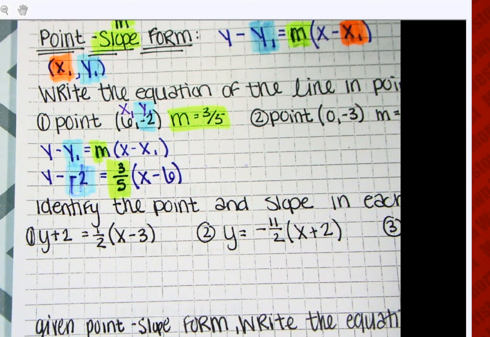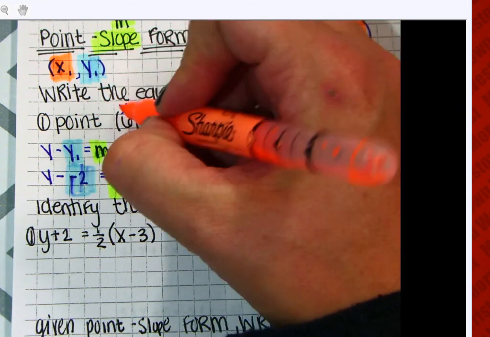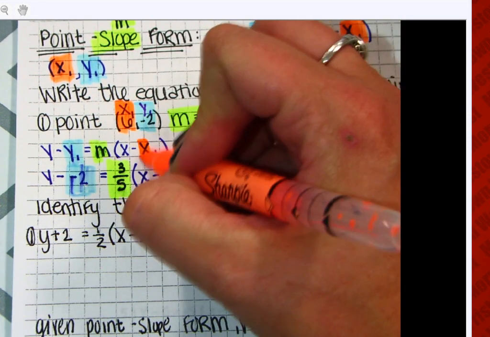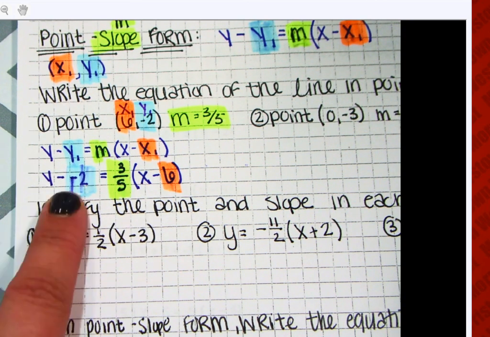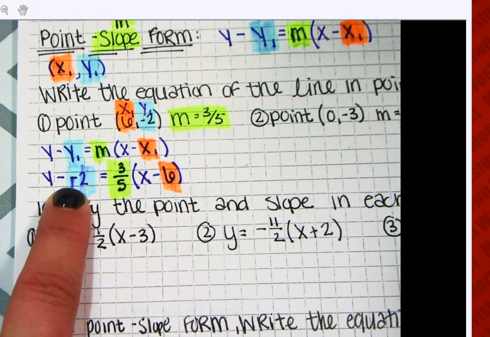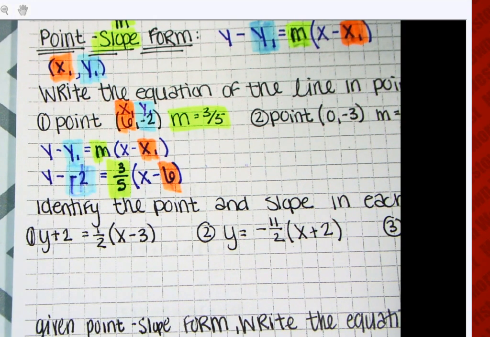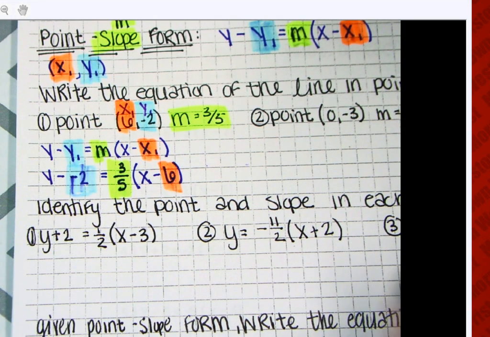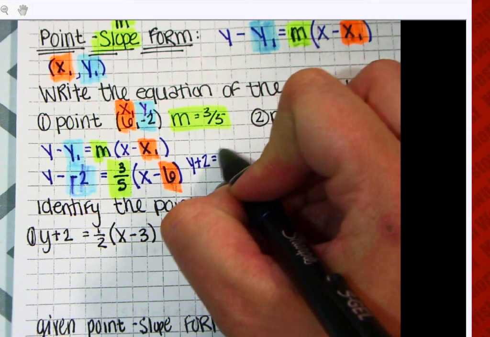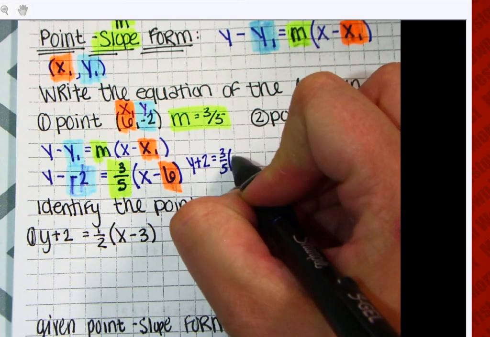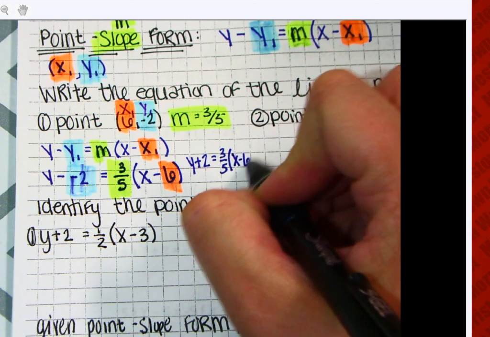So all I did was I took my x1 value and replaced it with what its value is. Now, if you are comfortable with changing the double negative to positive right here, you can. If not, you can always rewrite it. So I kind of ran out of room, so I'm going to write it kind of small right here. Y plus 2 equals 3/5 parenthesis x minus 6.